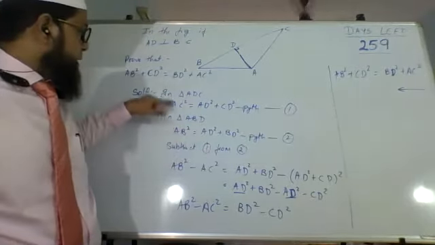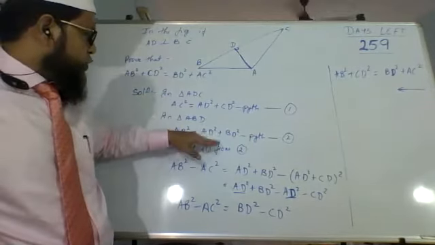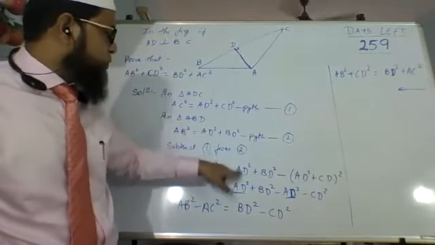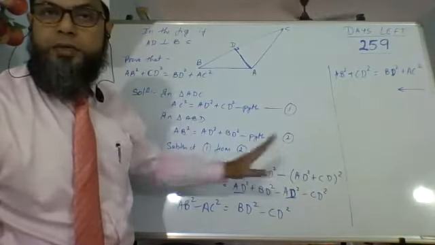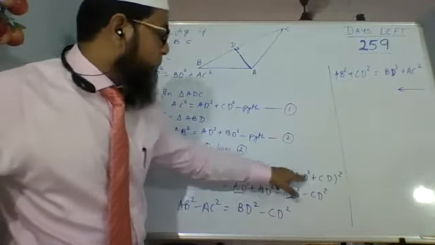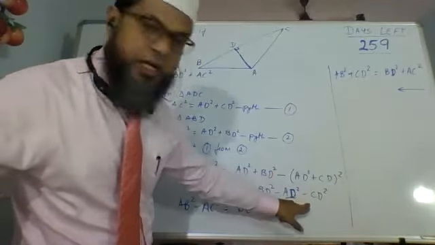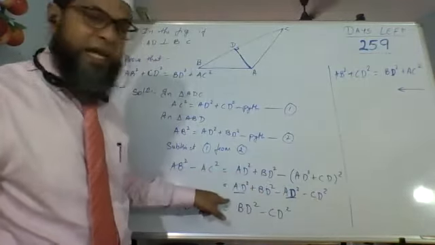Then from this, subtract the first one. So AB square minus AC square equals AD square plus BD square minus AD square plus CD square. Open the bracket: AD square plus BD square minus AD square minus CD square. AD square and minus AD square will cancel.